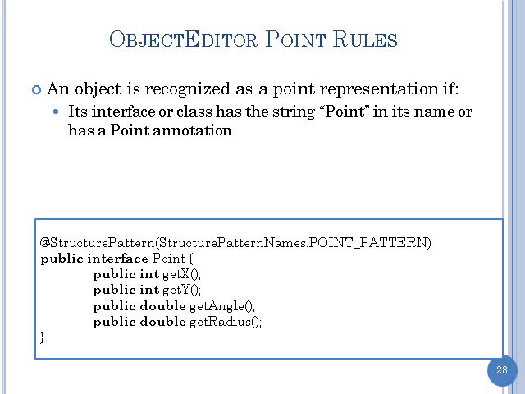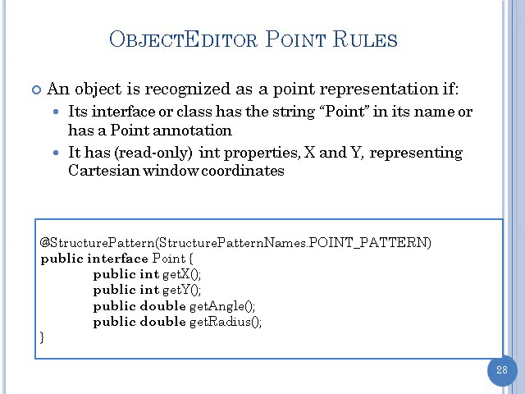So its class or interface either has the string point in its name or it has the point annotation, and it has properties X and Y. The properties could be read-only or editable, but they should at least be readable.